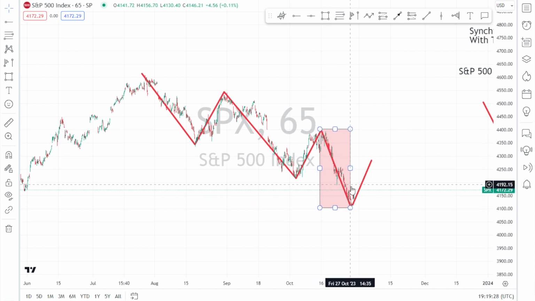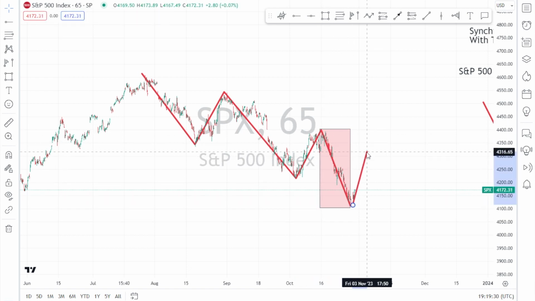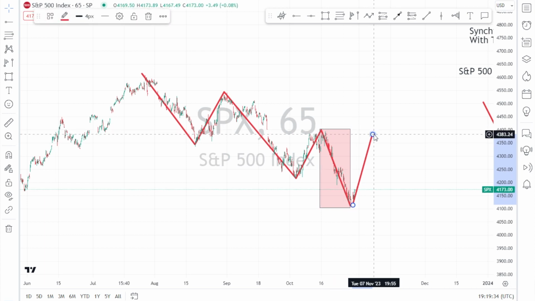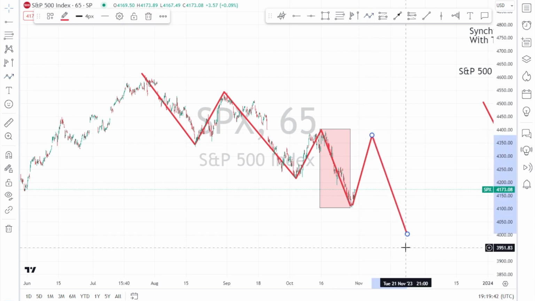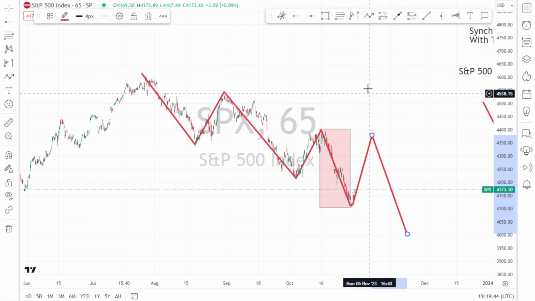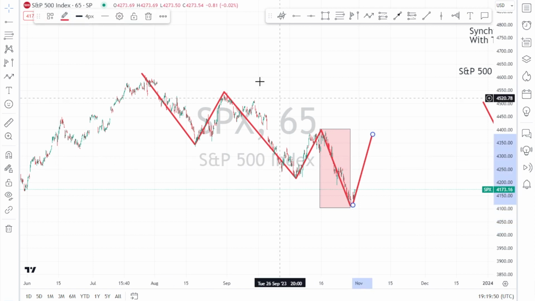This is the last impulse wave. So this correction can be anywhere just short of this, where it's going to stop and become a new impulse wave to the downside. All right, so first thing we've got to do is make our guess as to where this is going to stop.